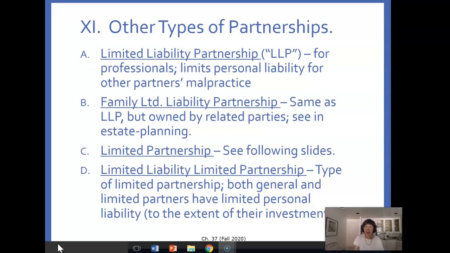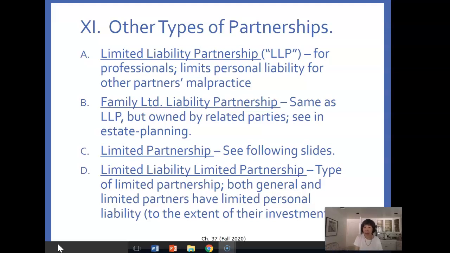Second variation is what's called a family limited liability partnership. This is just a variation off of the first type, except that it is used among people that are related, hence the word family in the term family limited liability partnership. And I have seen it used in estate planning. It's a way for a family to own an asset together.